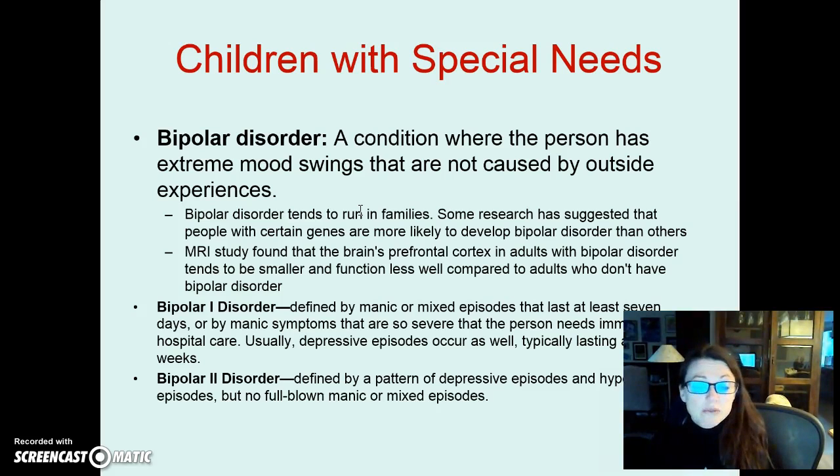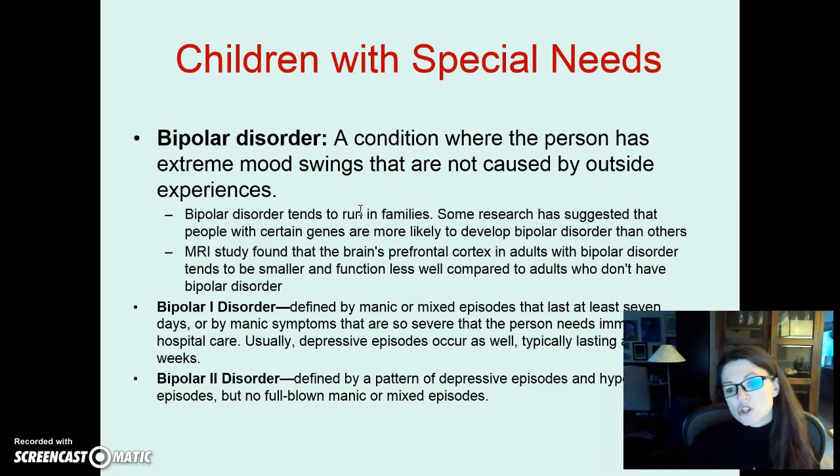There are two kinds I'm going to mention here. Bipolar 1: manic or mixed episodes that last at least 7 days, or manic symptoms that are so severe that the person needs immediate hospital care. Depressive episodes occur as well. Bipolar 2: defined by a pattern of depressive episodes and hypomanic episodes, but not full-blown mania.